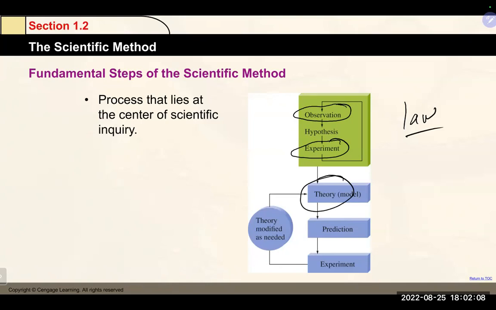It may not be 100% correct in all aspects, and it may actually be revised or thrown out, or later disproven by more experiments done down the road. So, for example, we will talk about Dalton's atomic theory, some parts of which are still good, and some parts of which don't apply as well. We'll also talk about Bohr and his model of the atom, his theory of the hydrogen atom, which works really well for hydrogen, but as soon as you get a few more electrons involved, not so well. So that's the idea of a theory.